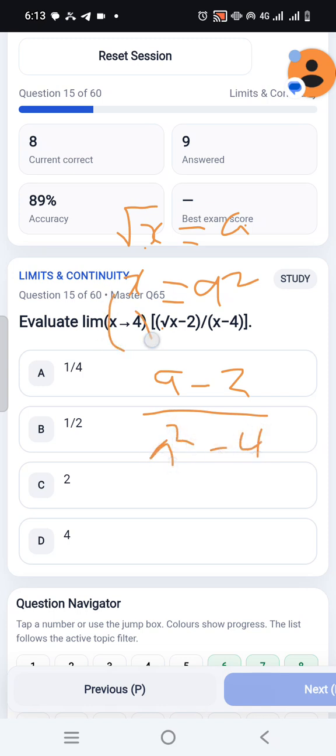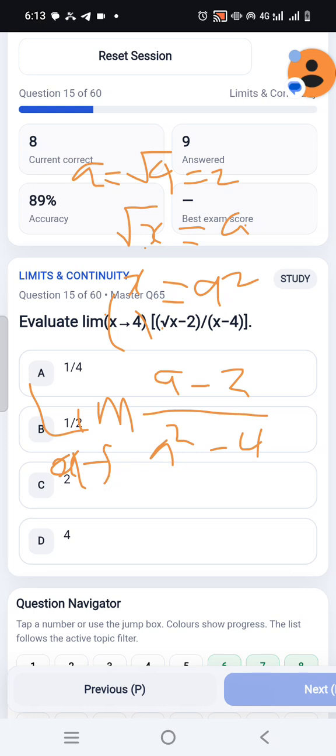So the limit has to change. Why? Because x is approaching 4, and a itself is equal to square root of x. So when x is approaching 4, a will be approaching square root of 4, which is 2. So I'll change the limit to a tends to 2. That is, when x tends to 4, a tends to 2. So now I can use my L'Hopital's rule.